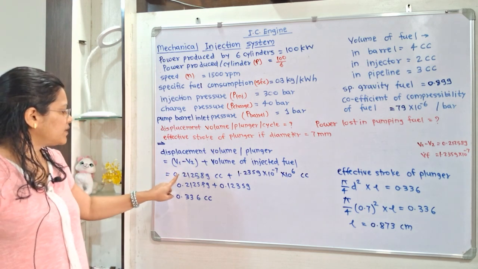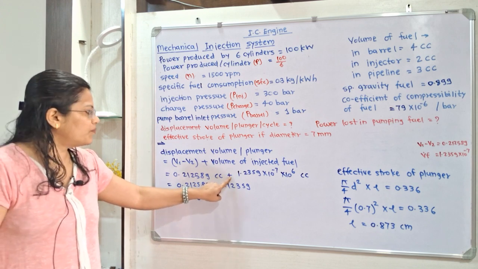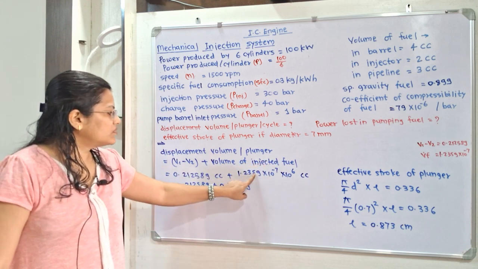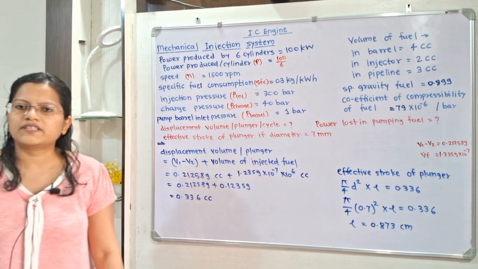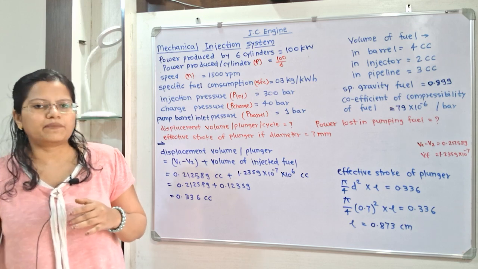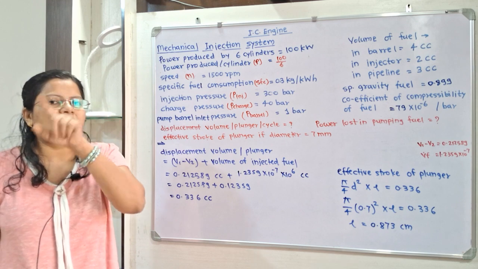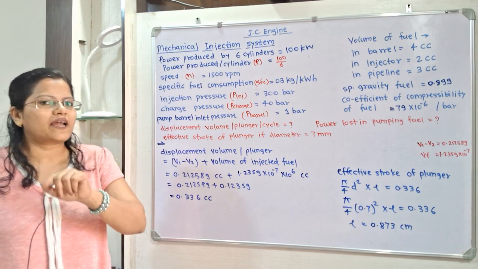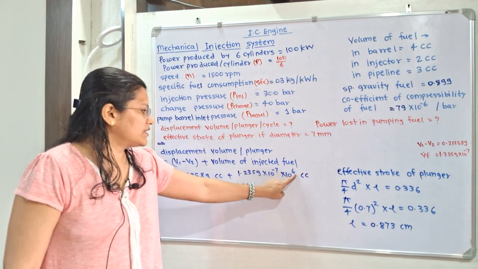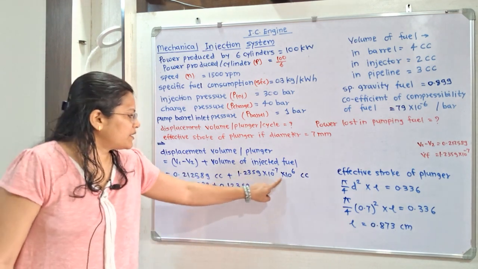So V1 minus V2 is 0.212589 centimeter cube plus the volume of injected fuel, 1.2359 into 10 raised to minus 7 meter cube. Now we have to convert it into centimeter cube. So 1 meter is equal to 10 raised to 2, and it is cubed, that is 3 multiplied by 2, that is 6. So we will multiply by 10 raised to 6, and the unit is cc, that is centimeter cube.